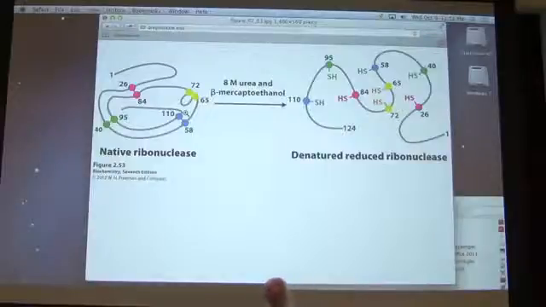Okay, so the last force that I want to talk about that helps to stabilize the tertiary structure of proteins is one that's a little hard to describe, but you sort of know it. It's what we call hydrophobic interactions. Now, we've already sort of talked about hydrophobic interactions last lecture.